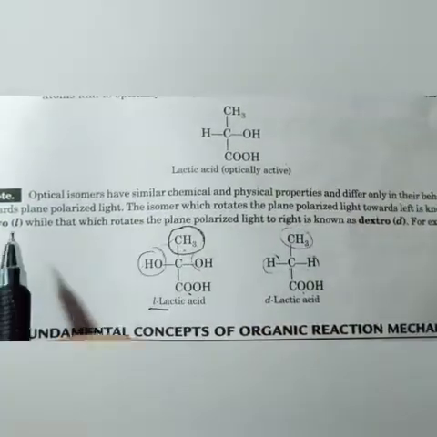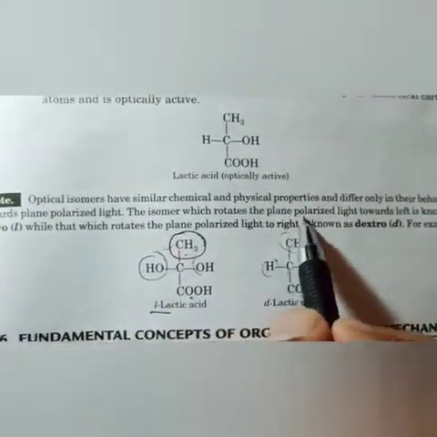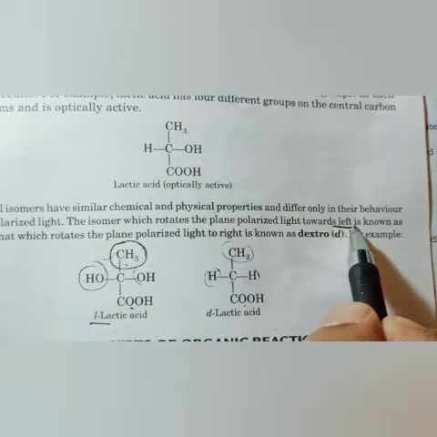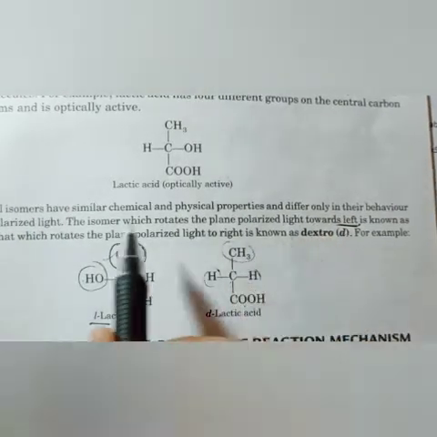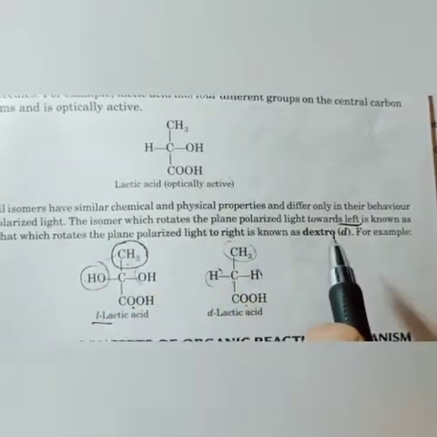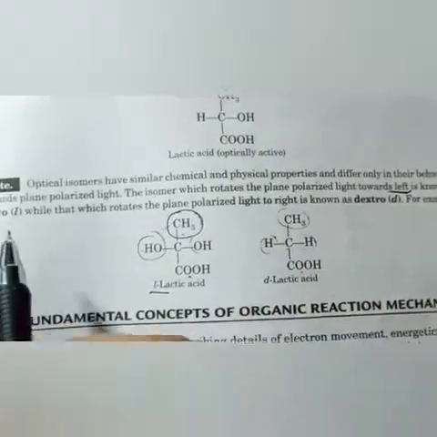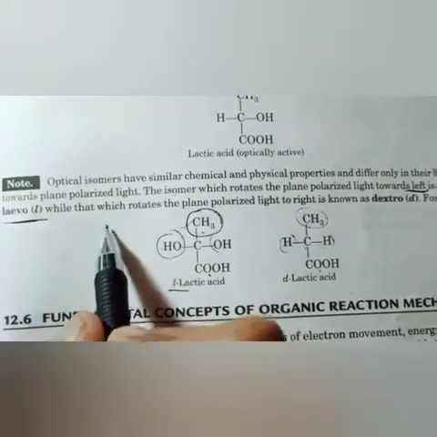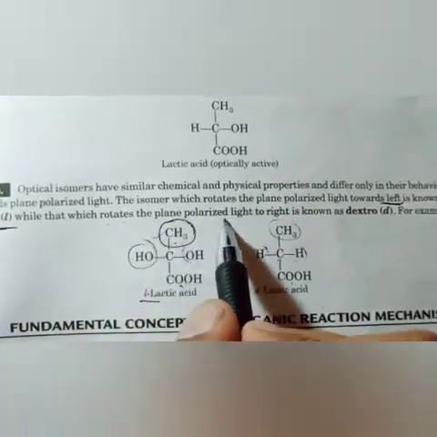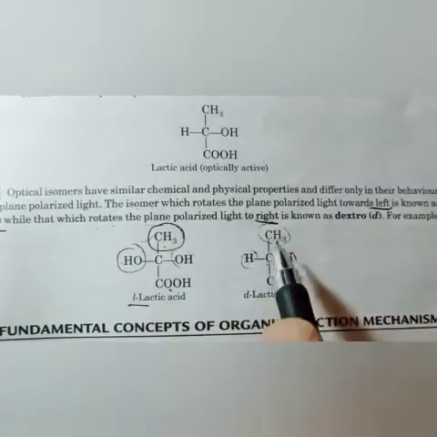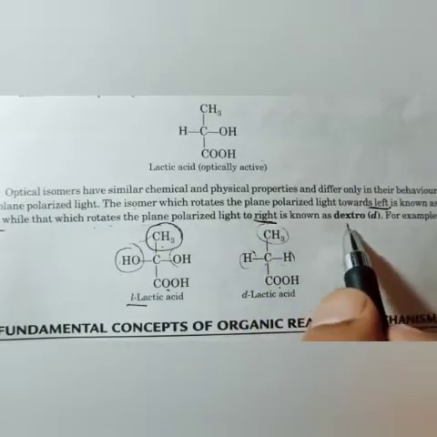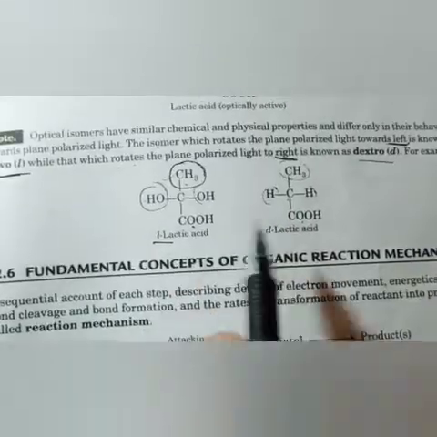The isomer which rotates plane polarized light toward the left is called levo rotatory, while the one which rotates the plane of polarized light toward the right-hand side is called dextro rotatory, for example, in these two cases.